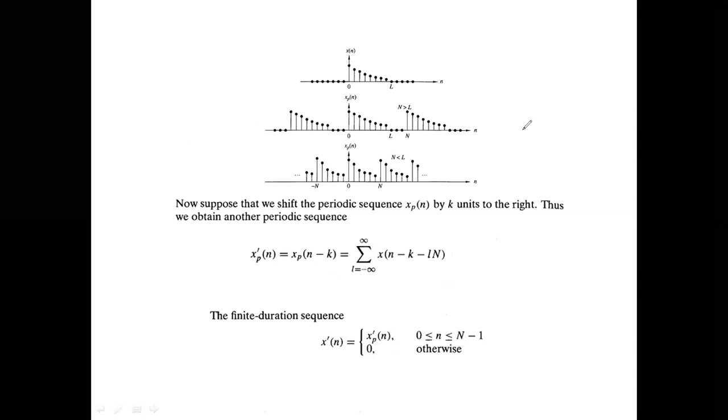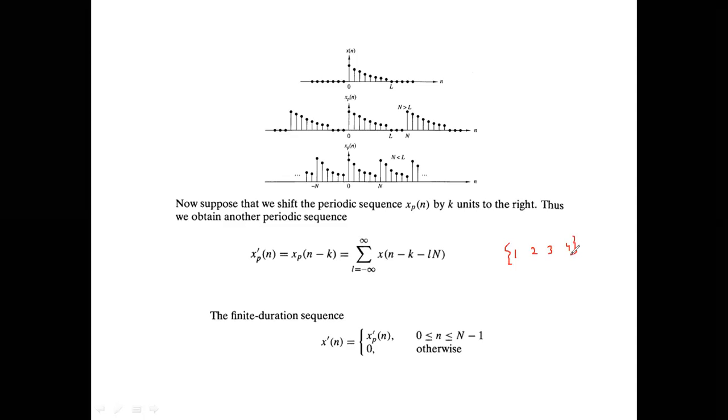So what will happen now? Suppose I have a sequence of length n is equal to 4, say my sequence is 1, 2, 3, 4, and I decide to take a 4-point DFT. This 1, 2, 3, 4 will be my x of n.